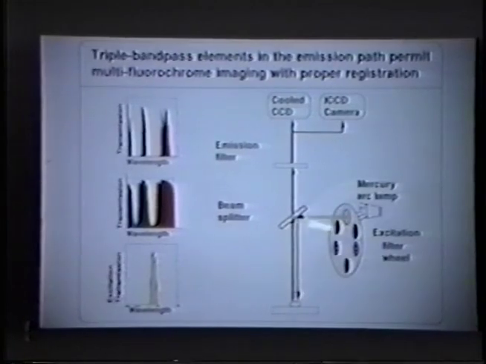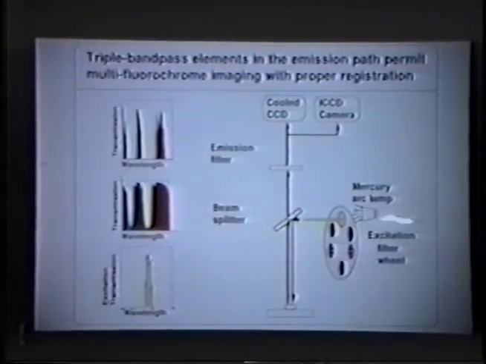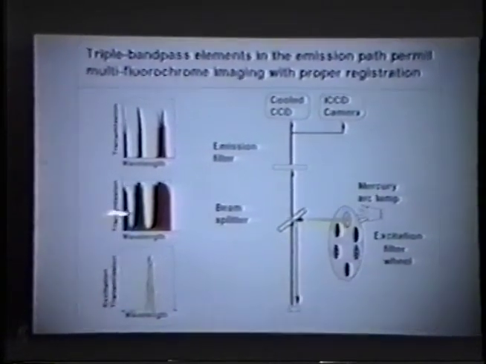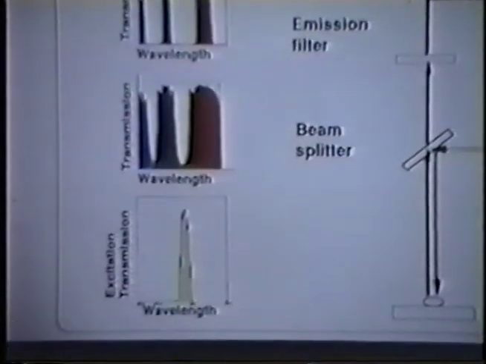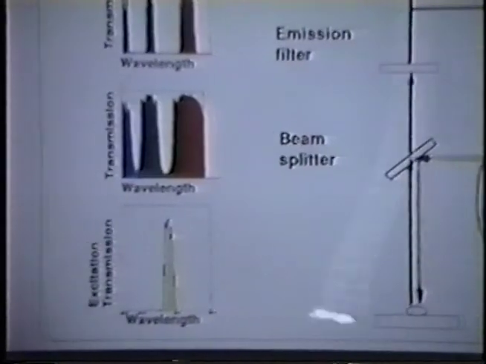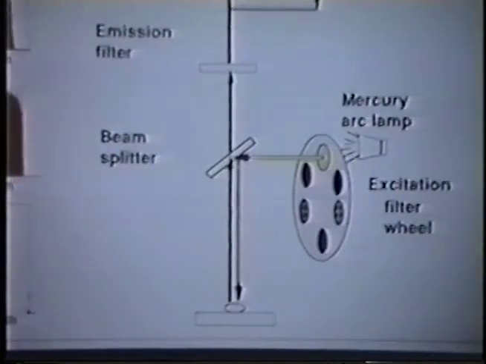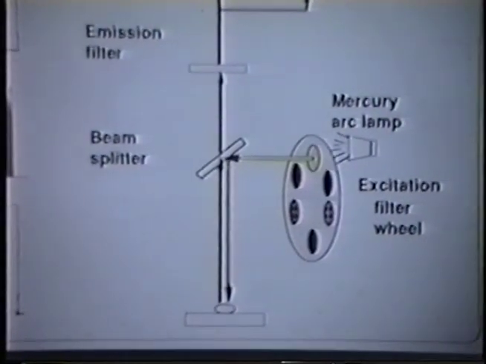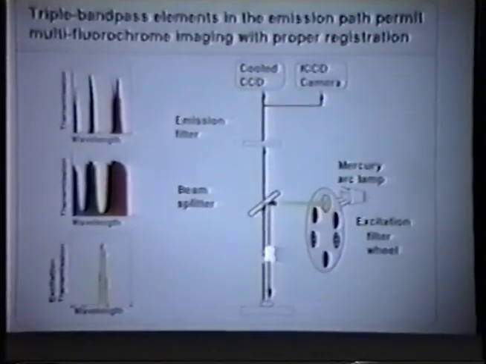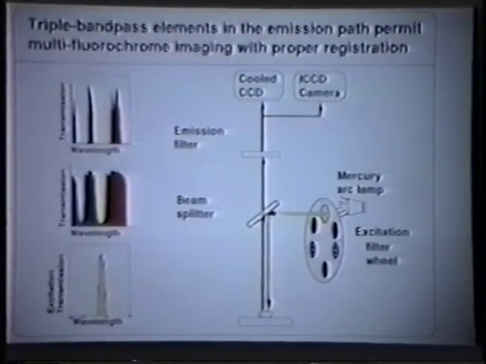And so simply by selecting an external filter, we can selectively excite dyes like DAPI, fluorescein, and Texas red, and acquire images of these on the cooled CCD without ever changing anything in the optical pathway. And we've shown that this gives us what we were striving for, namely registration-free multicolor image acquisition. And what this allows us to do then is to use the computer system to acquire and process images, giving us the information that we want.